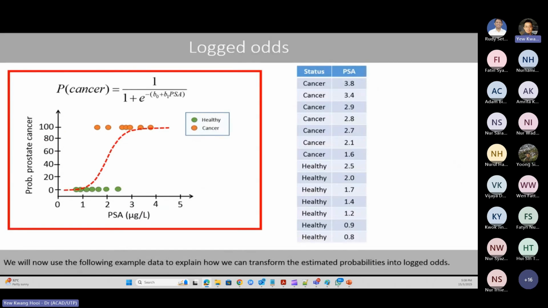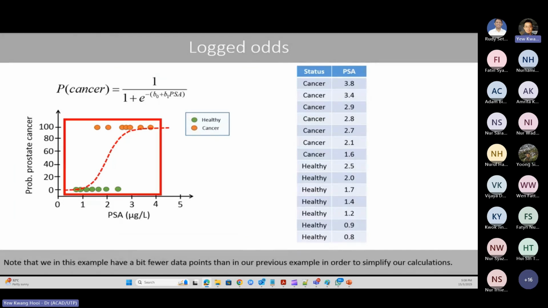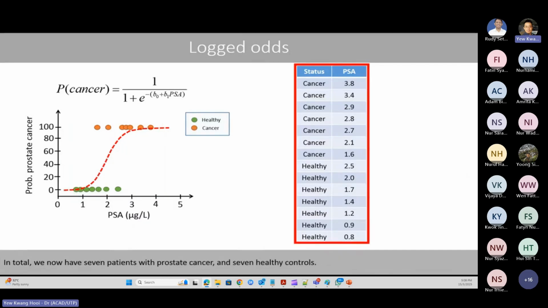We'll now use the following example data to explain how we can transform the estimated probabilities into logged odds. Note that in this example we have a bit fewer data points than in our previous example in order to simplify our calculations. In total, we now have 7 patients with prostate cancer and 7 healthy controls.